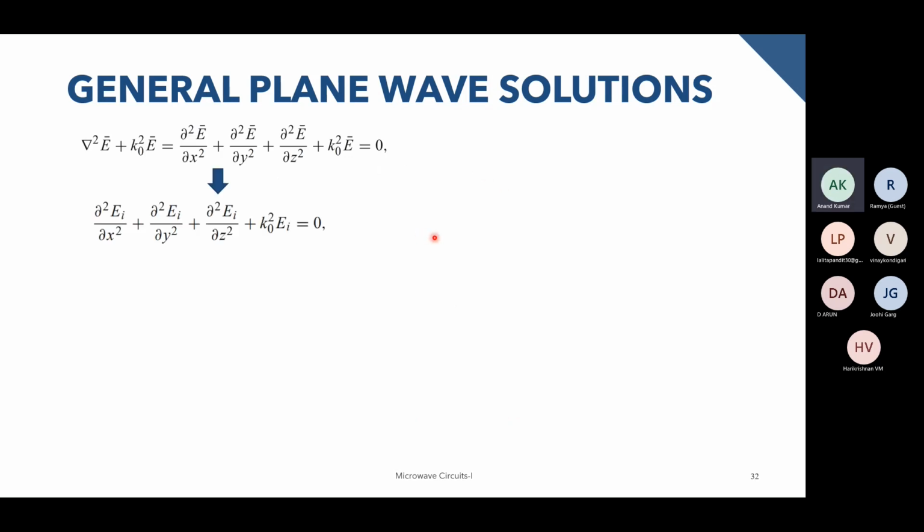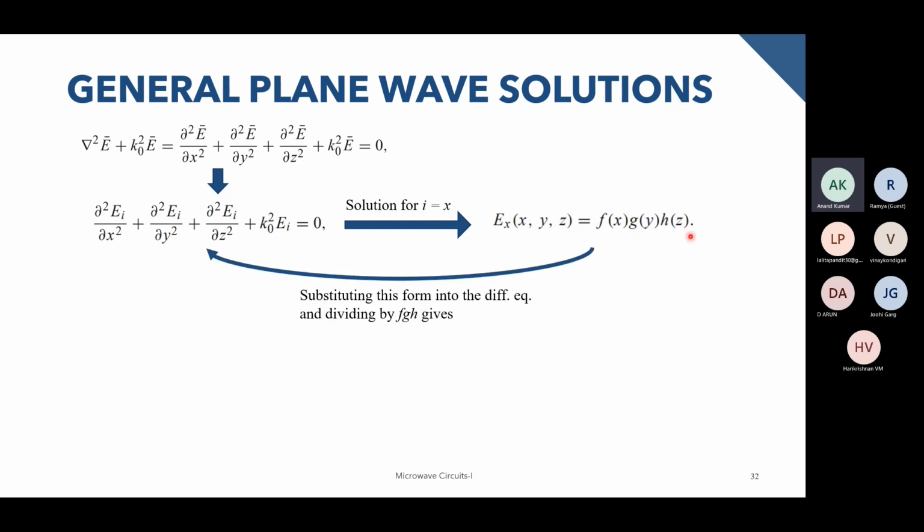So we started with the Helmholtz equations, and then we expressed the Helmholtz equation for each rectangular coordinate of the electric field. We'll focus right now on the solution for only Ex, that is, over here we're putting i equals x, and now we are assuming that the solution will be of this form.